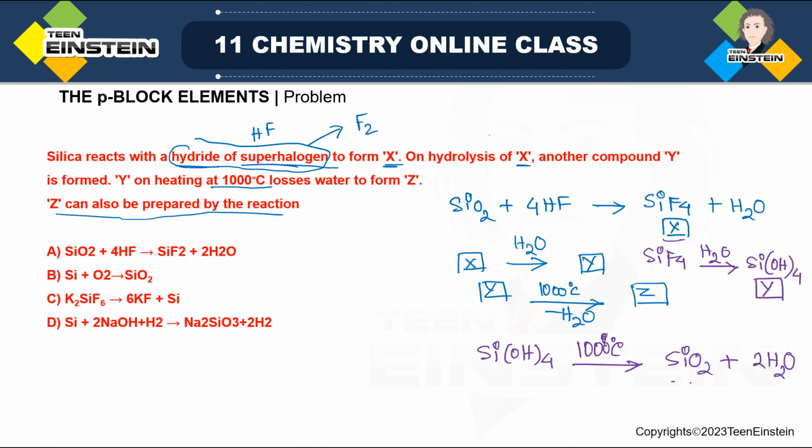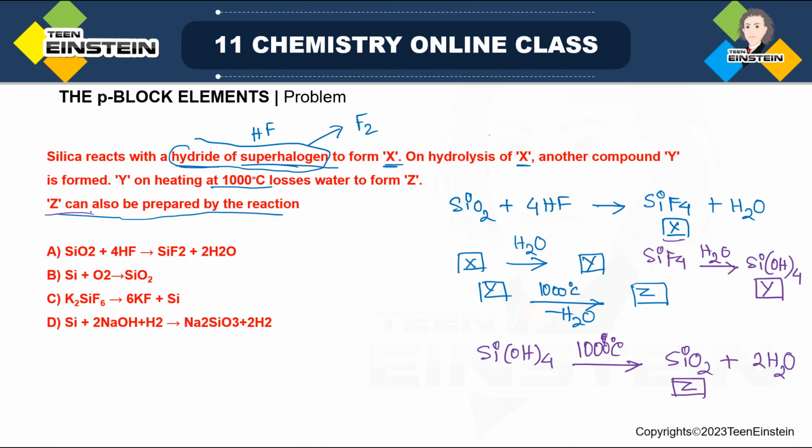So this SiO2 is actually Z. Now SiO2 can be formed by which reaction? If you look at the options, the first option, basically we have to prepare SiO2. We have to prepare Z, because in the last sentence it is mentioned Z can also be prepared by which reaction. That means you have to prepare Z.